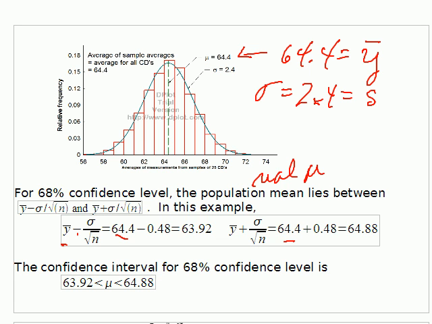So 64.4 minus 0.48 or plus 0.48. So the confidence interval for 68% confidence is 63.92 to 64.88. Okay, and we'll see in a minute, we've assumed there's a 1 here, and the 1 is related to the 68%.